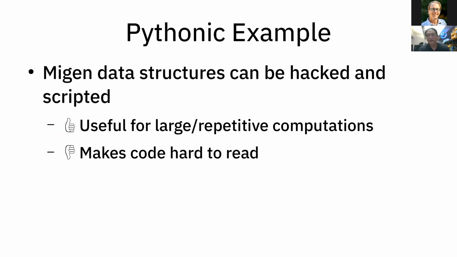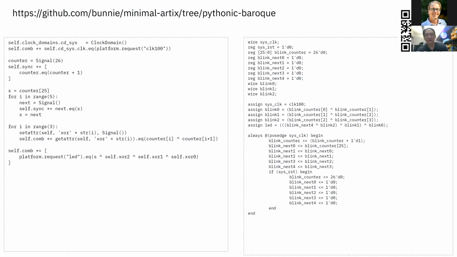You can do, for lack of a better term, Pythonic modifications. So you can actually hack those data structures in a meta way. It's useful for large and repetitive computations, but it makes code really hard to read. So here's an example called Pythonic Baroque. The idea here is that we're going to create a delay line. We're going to take several flip-flops and put them end to end, five of them, in fact.